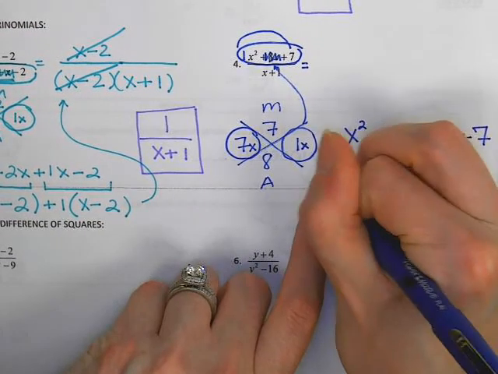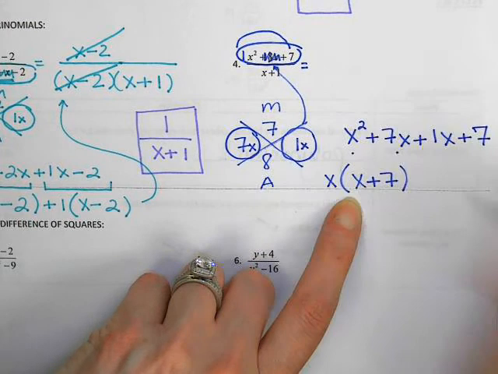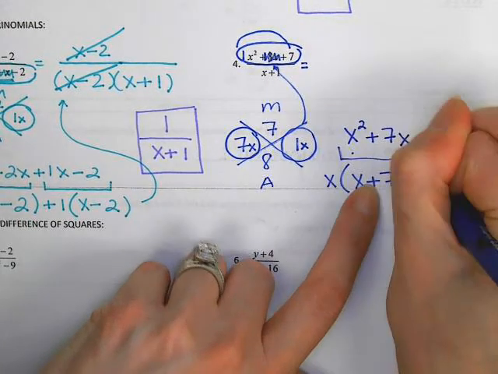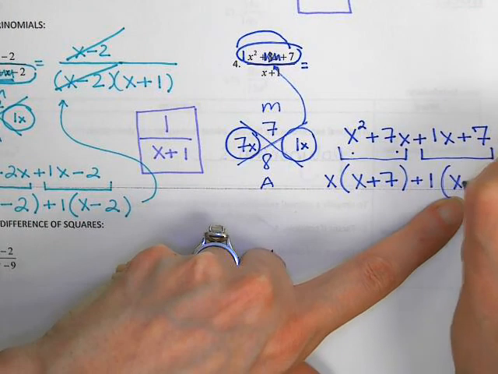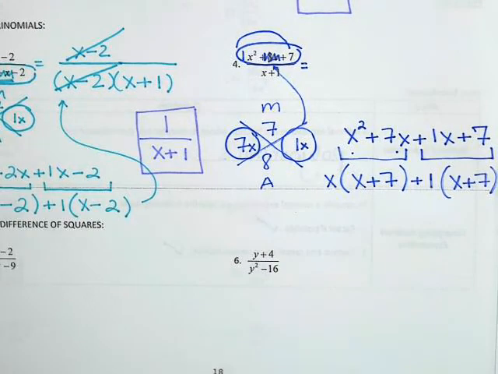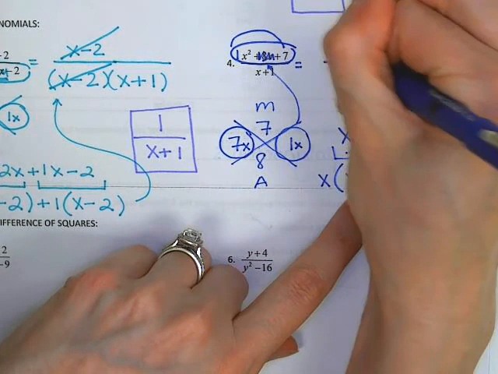These guys we can divide out an x, and you're left with x plus 7. These guys you can divide out a 1, and you're left with x plus 7. Okay, so we're ready to do it. They both have an x plus 7, so we pull that out.